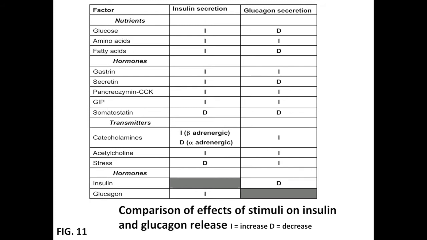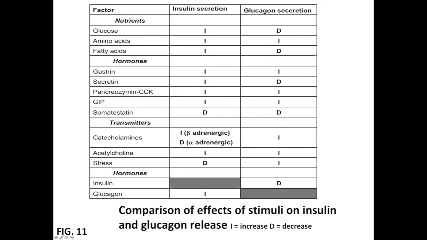With neurotransmitters, the catecholamines, beta adrenergic stimulation increases insulin but it decreases with alpha adrenergic, whereas adrenergic stimulation of any type will increase glucagon secretion, and therefore glucagon will enhance epinephrine's function, and they go together to ensure that your blood glucose rises when it's needed.